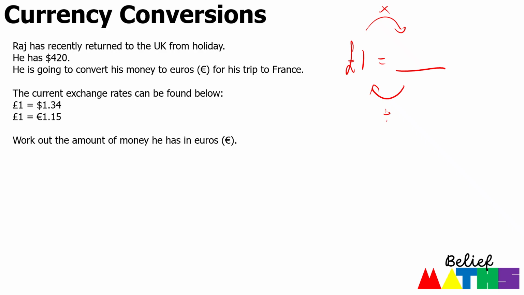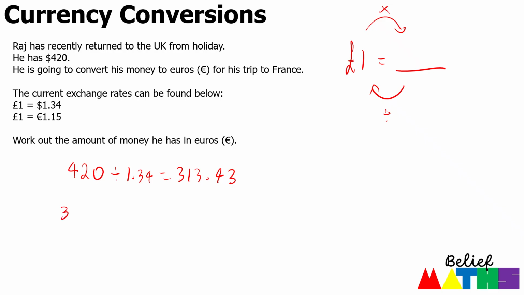So therefore, to convert those dollars into pounds, we do 420 divided by 1.34, and that gives us 313.43. Now, rather than retyping that into our calculator, because the answer is already in there, we can just do answer times whatever we had.